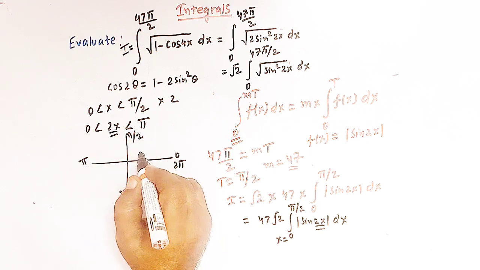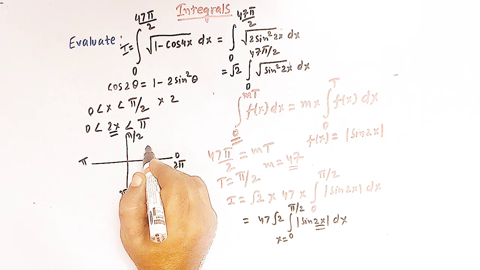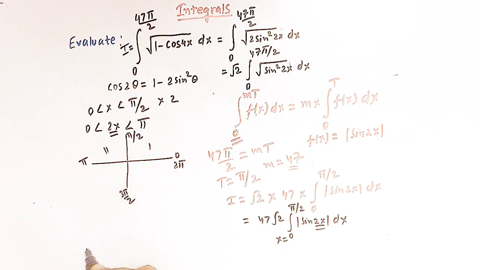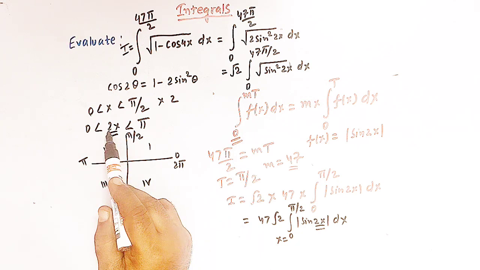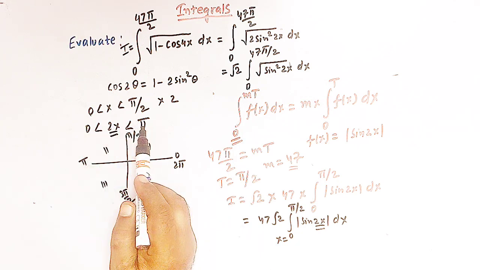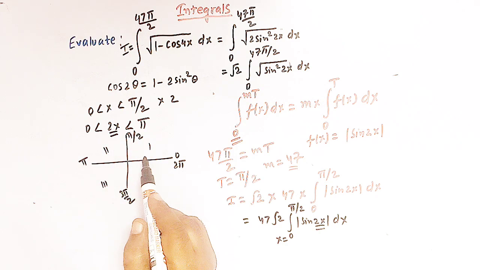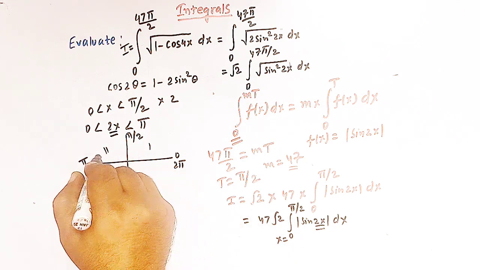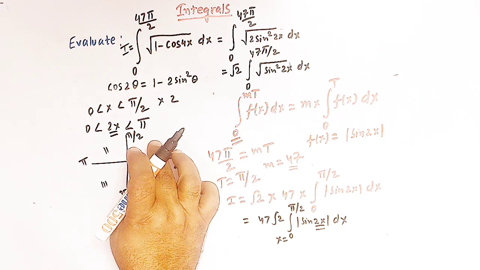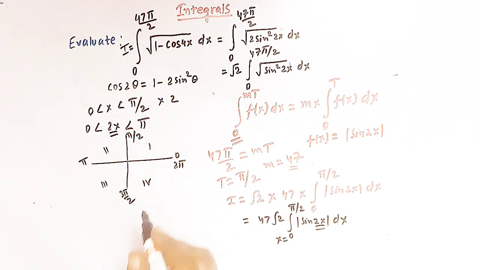So 2x varies from 0 to pi, which means we have to restrict ourselves to the first and second quadrant only, and these are the third and fourth quadrant. In the first and second quadrant, the sine function is positive.